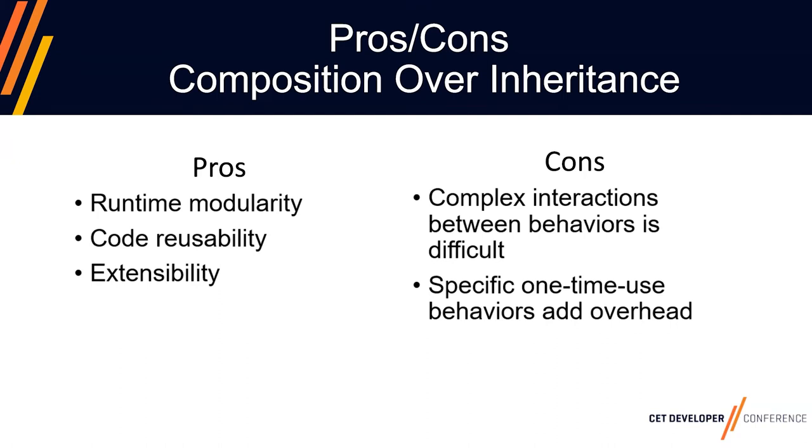Also, it can end up adding a lot of overhead if you have these one-time use behaviors. So if there is only a single work surface in your extension that needs a metal material, you are going to have to go and create an entire metal material behavior for use in this one surface.